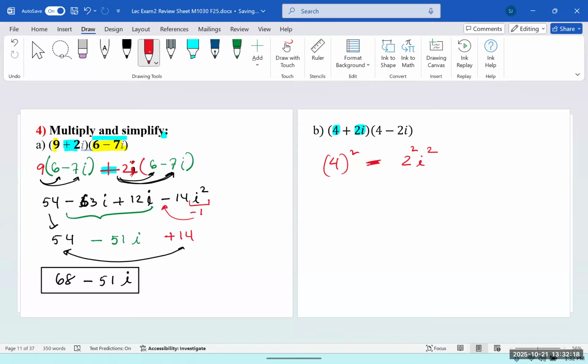What is 4 square? 16. What is 2 square? And what is i square? So what do you get here? 16 plus 4, 20. Yes, you can definitely use foiling, but you don't have to. Conjugate is supposed to make life easier.